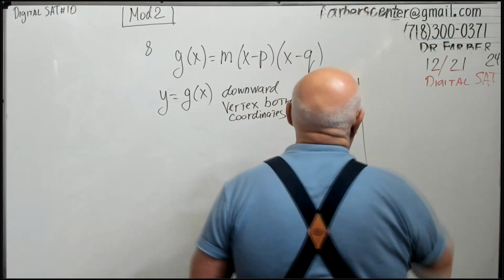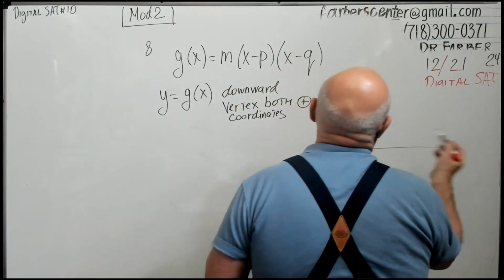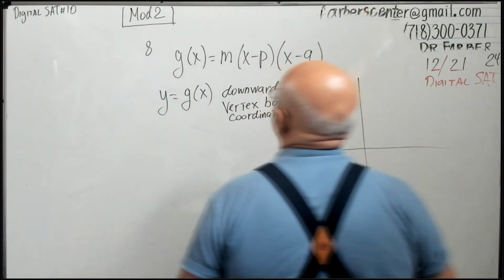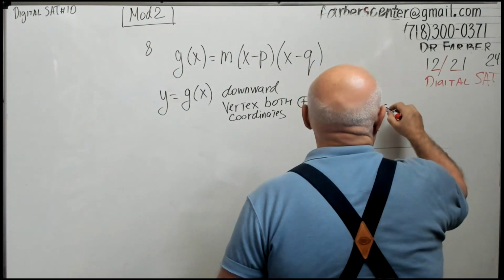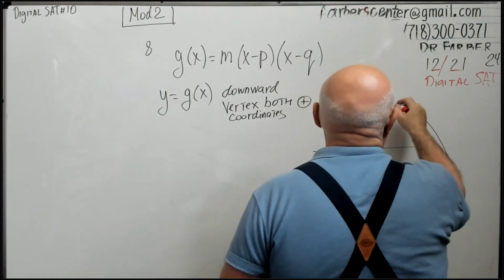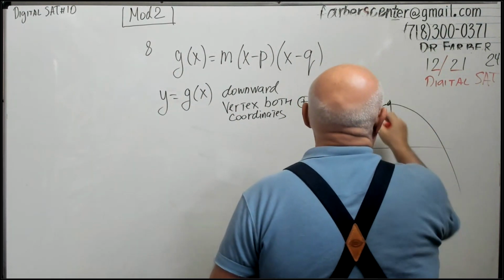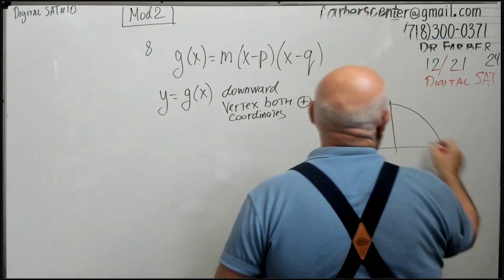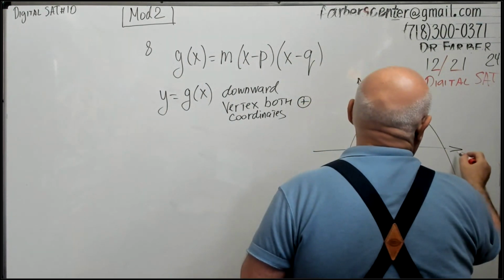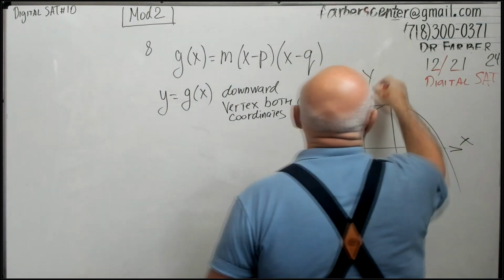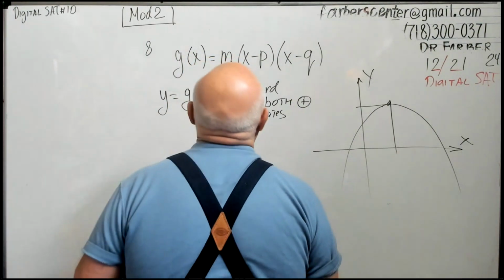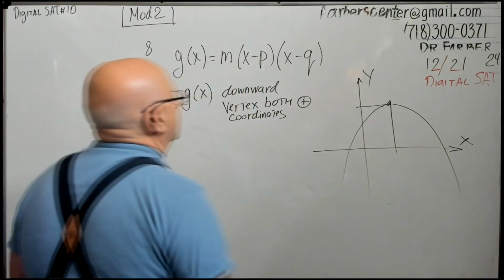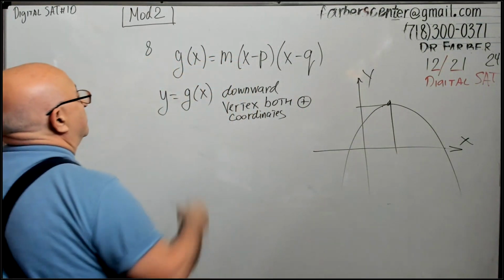So you can make a sketch of this. I don't know how exactly it goes, but it's supposed to go downward, and the coordinates of the vertex are positive. So what do we know from this sketch? If it goes downward, for sure m must be negative.